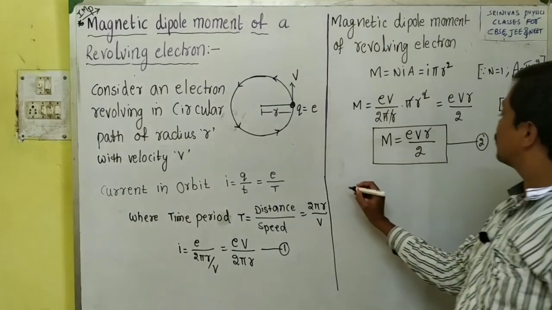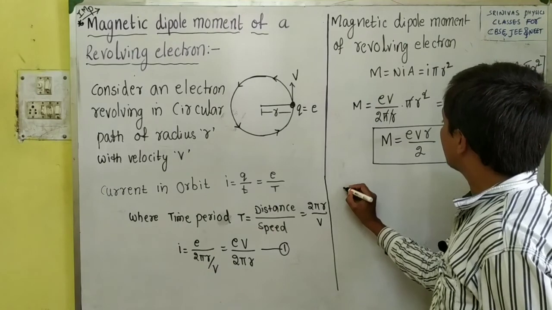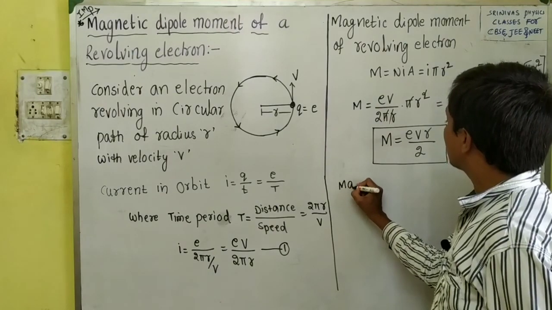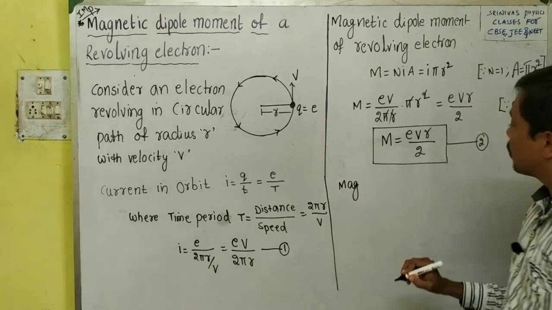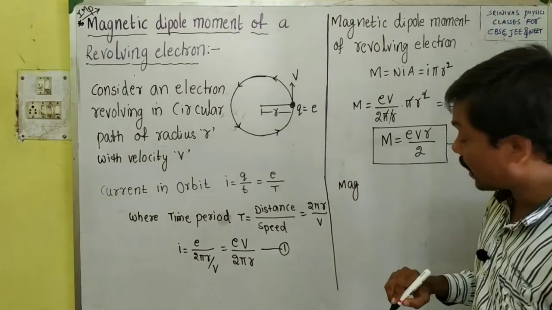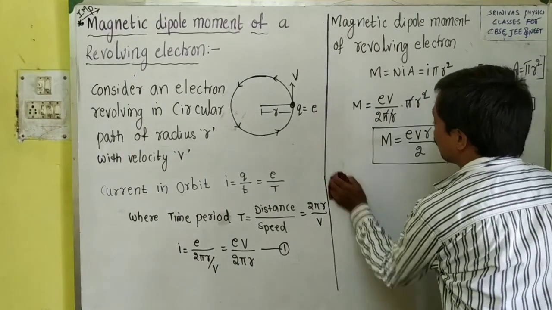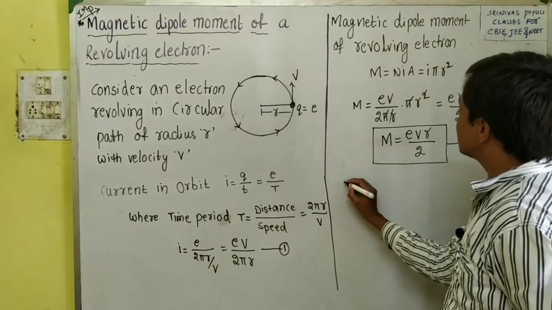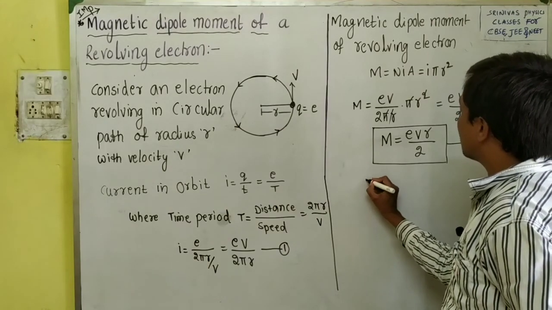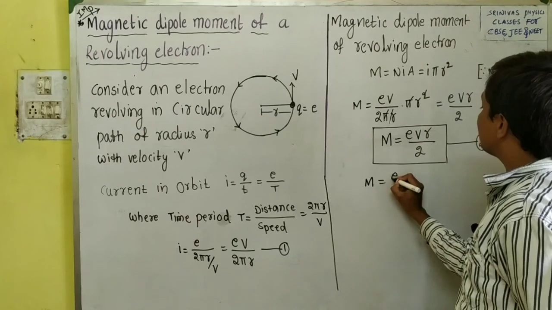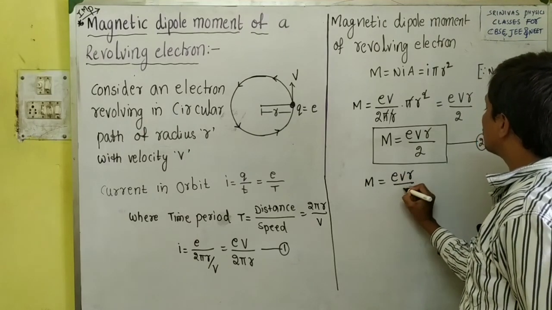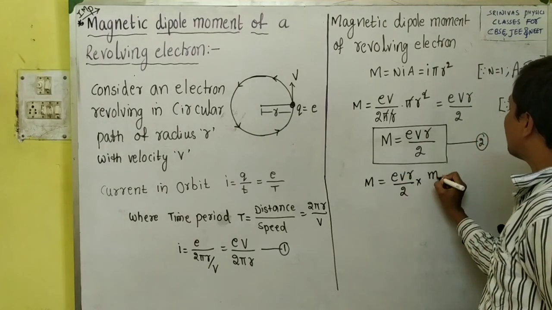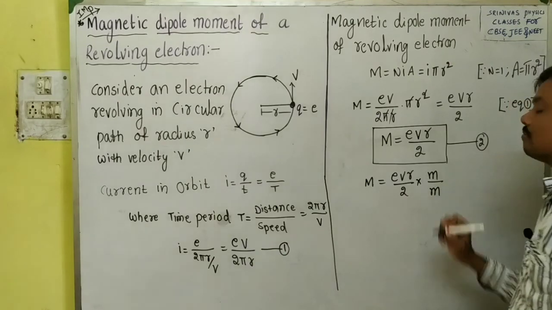And now I want the magnetic moment in terms of angular momentum. For that, what do we have to do? I will change this one like this. evr by 2. Now I multiply with m and divide with m.